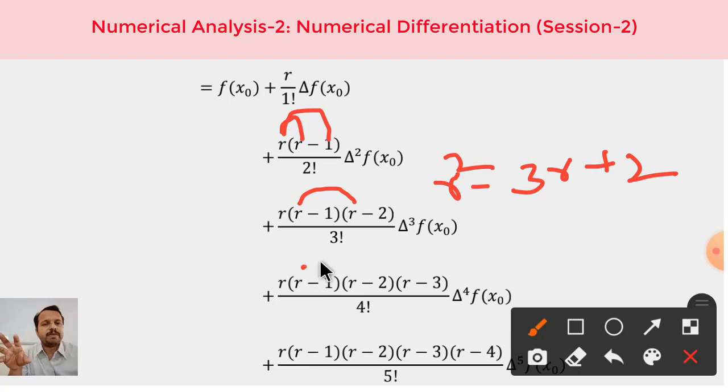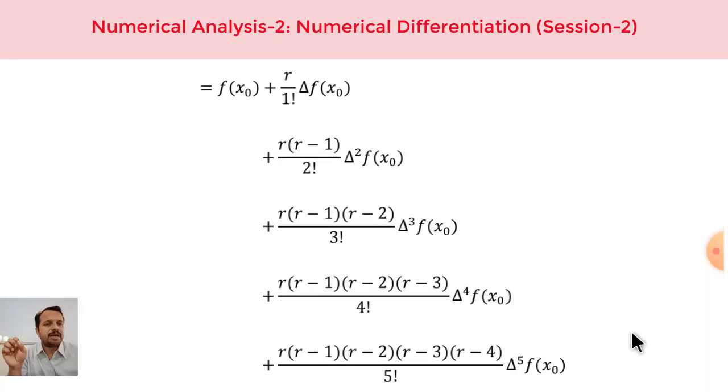Similarly, we can simplify these three brackets and then multiply with r. So we will have another bracket consisting of an r cube term and some other lower degree terms in r, and so on.